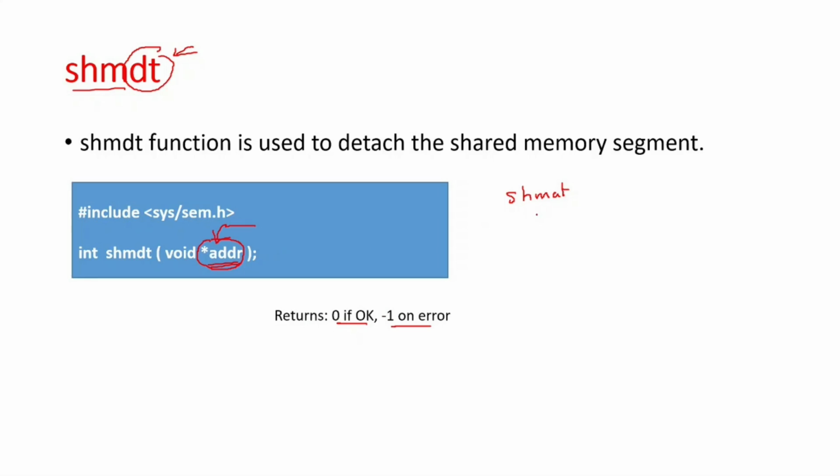You might have observed that the SHM-AT function gives the return address value, right? That needs to be specified as a parameter to the SHM-DT function. So the shared memory that has been attached will be removed, or detached, from the process's address space. Okay, so this is about the SHM-DT function.